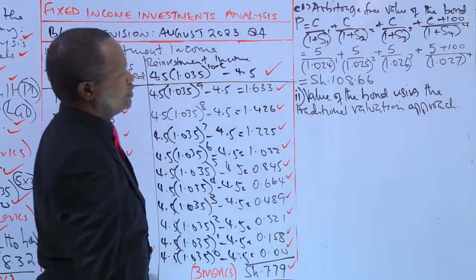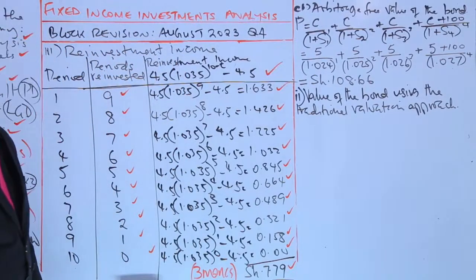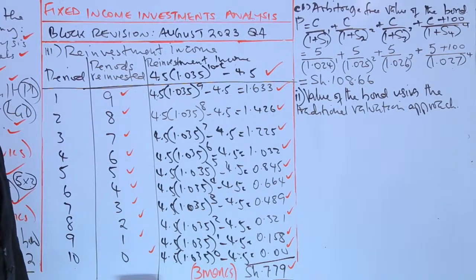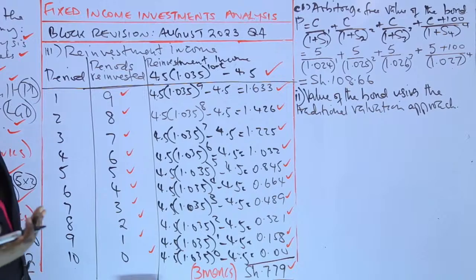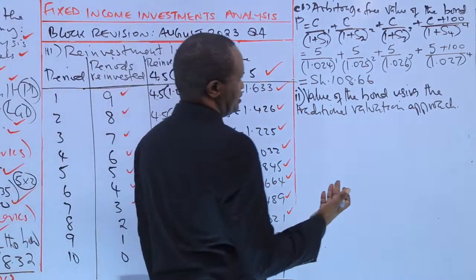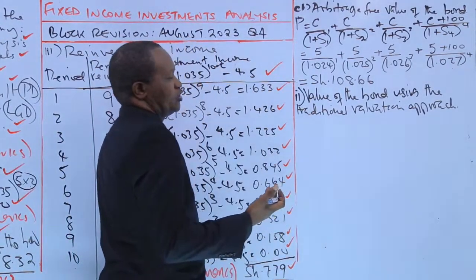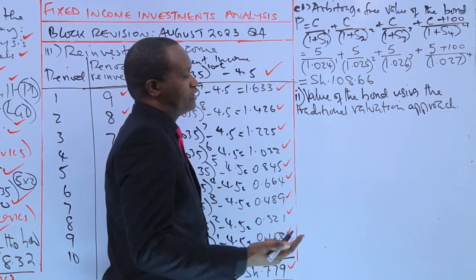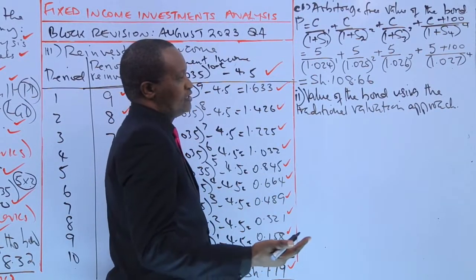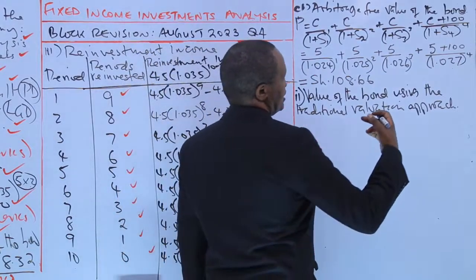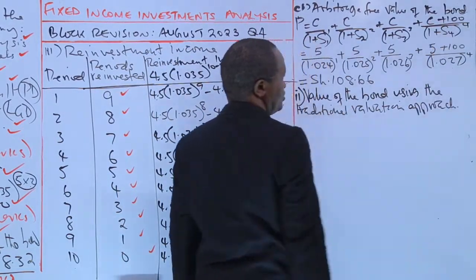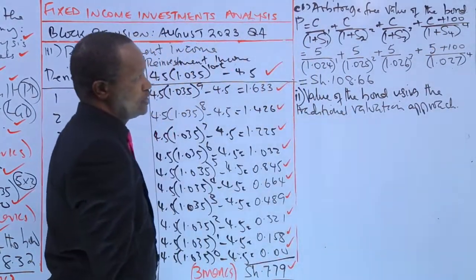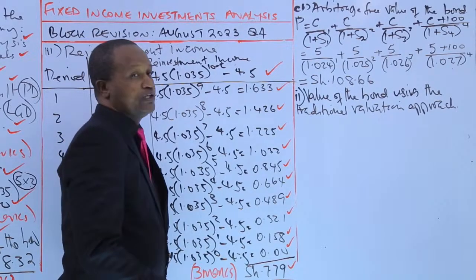Now, the value of the bond using the traditional valuation approach, we are going to discount the coupon amount, which is an annuity, using a present value annuity factor. Then we discount the par value, which is a lump sum, using a present value interest factor.